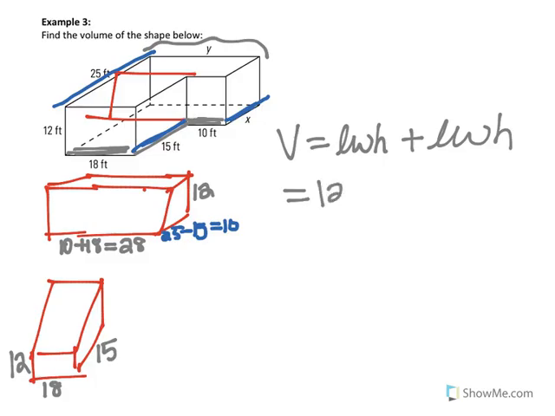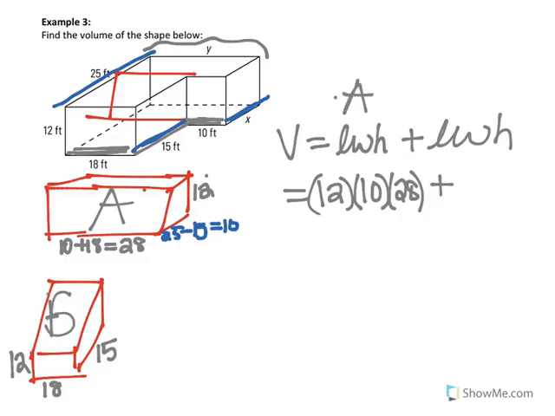So we can do 12 times 10 times 28, and again, it doesn't matter what order you put it in because you're multiplying, and it's the same thing. That's for this first shape here, and then we'll go shape B here. So 12, 15, and 18.